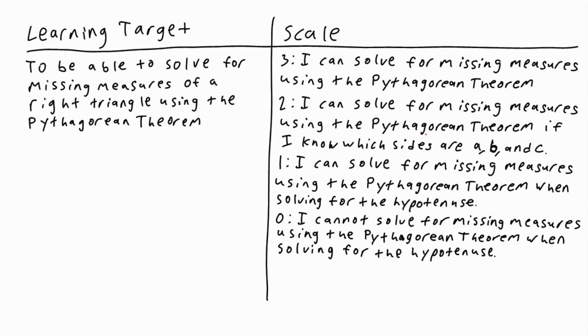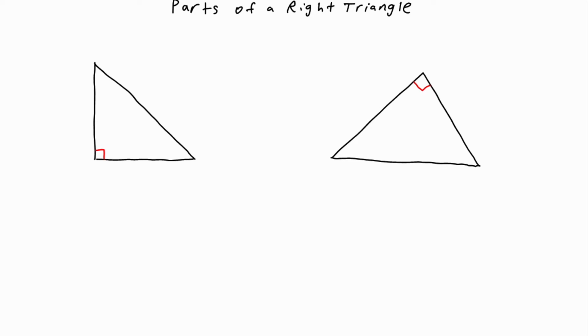All right, let's get started. All right, so first I'm going to talk about the parts of the right triangle. So in a right triangle, we have 3 sides. And in these sides, we have 2 legs and a hypotenuse.